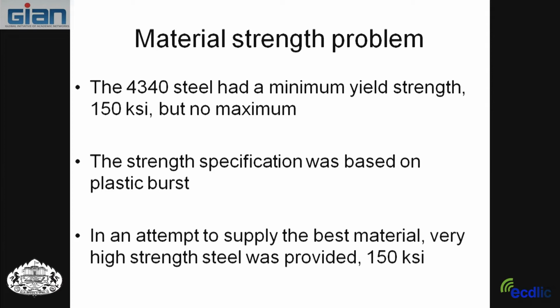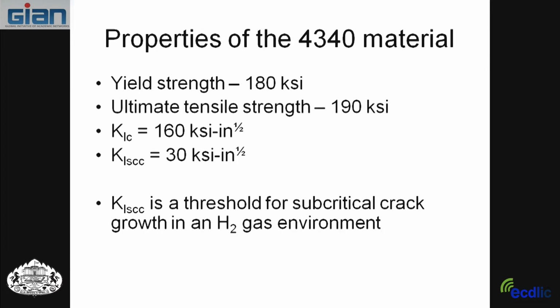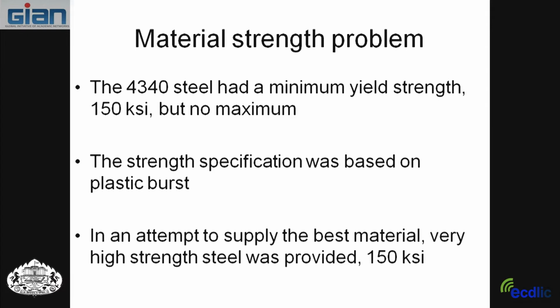This was probably made in the 1940s or 50s, before fracture mechanics was even invented and before people knew about hydrogen cracking and all that in bad environments. So in an attempt to get the best material, they provided a very high strength steel, and they exceeded that 150 by quite a bit. As you can see here, they went up to 180 yield strength.